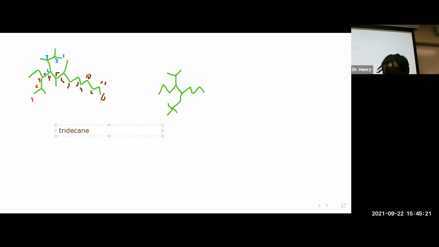And what's that? Tetramethyl. Okay. And where are the methyls located? 3, 5, and 6.